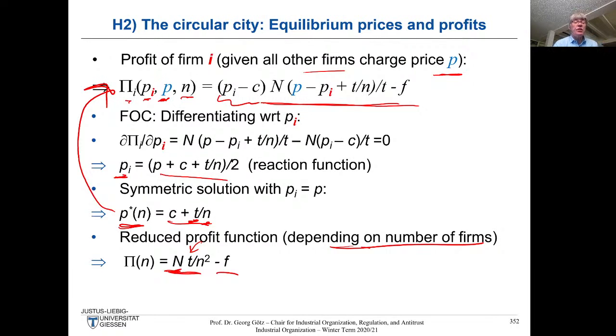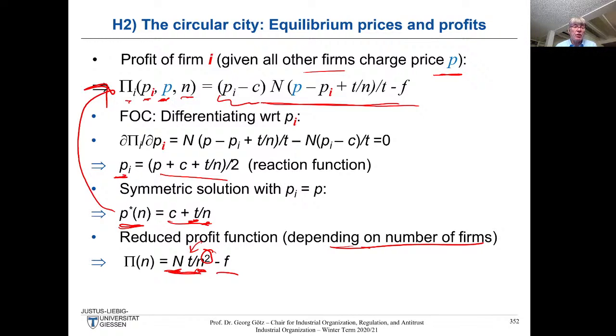And what is interesting here, if you look into this small n, the number of firms enters with a square here, and that means if the number of firms doubles, you only get a quarter of the profit you previously had. So the profits are decreasing in the number of rivals at an increasing rate.